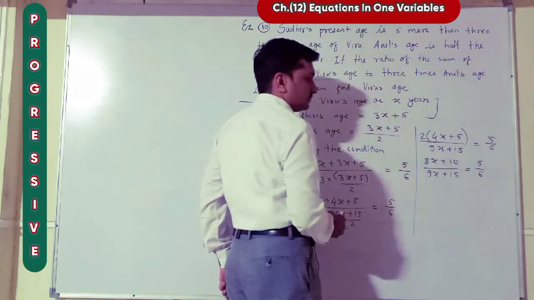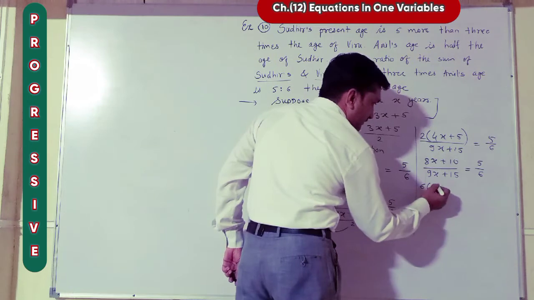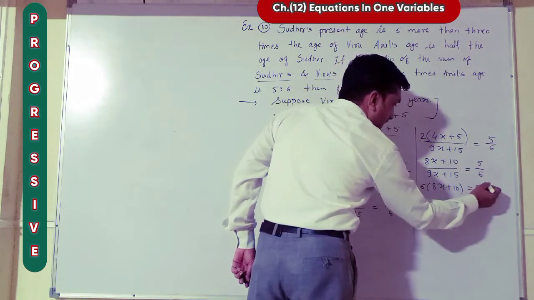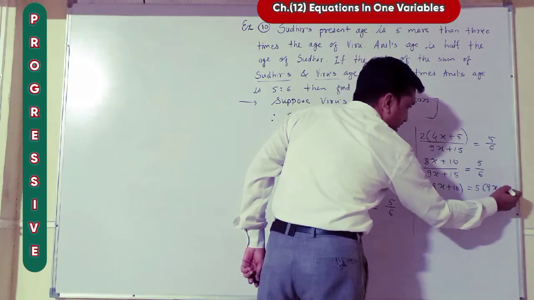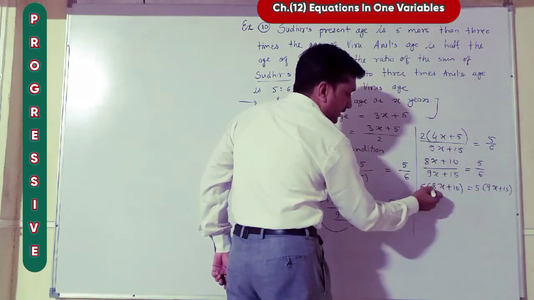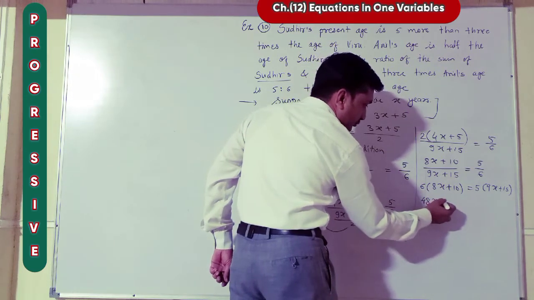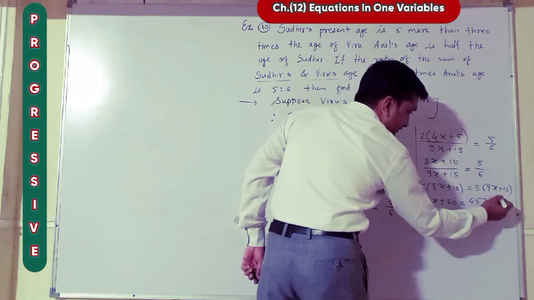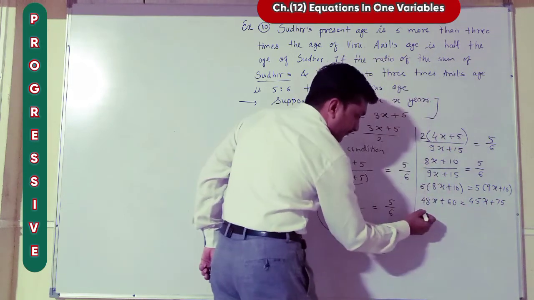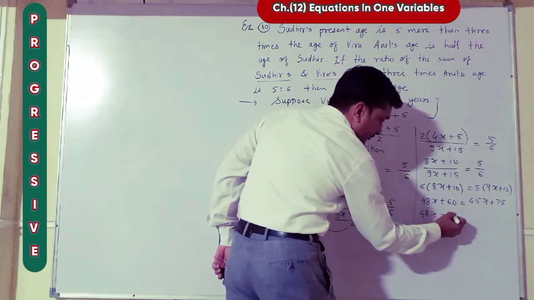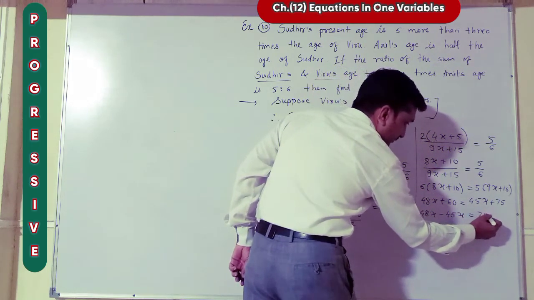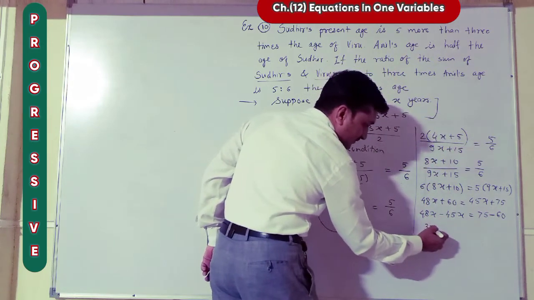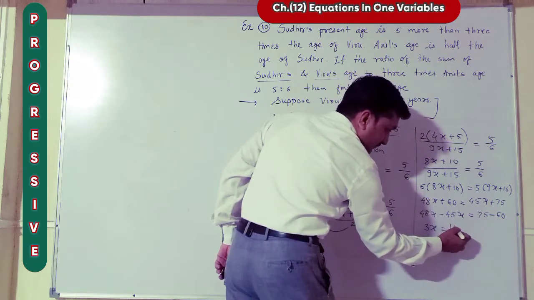Here cross multiplication. 6 in bracket 8x plus 10 here is equal to 5 in bracket 9x plus 15. Now product 8 6 are 48, x plus 60 is equal to, here 45 9 5s are 45x plus 15 5s are 75. 48x minus 45x is equal to 75 minus 60. 48 minus 45 3x is equal to, here 15.